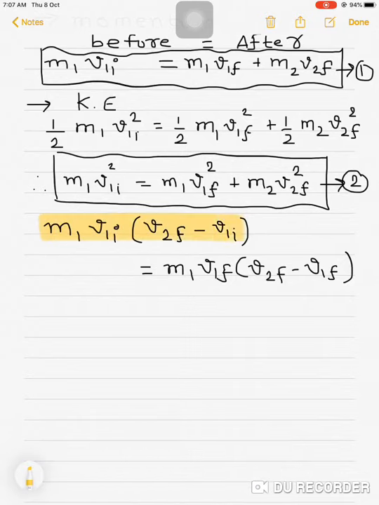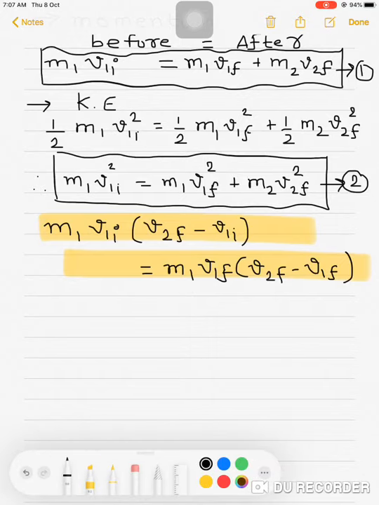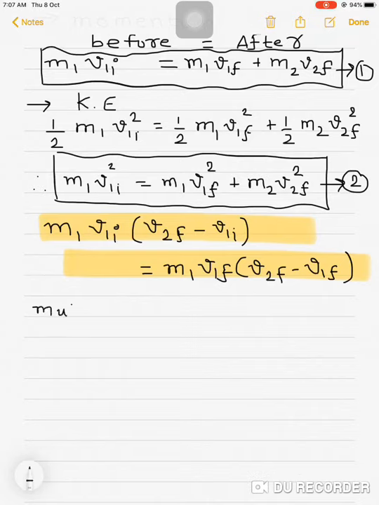We need to multiply equation 1 by v2f and then subtract it from equation 2.